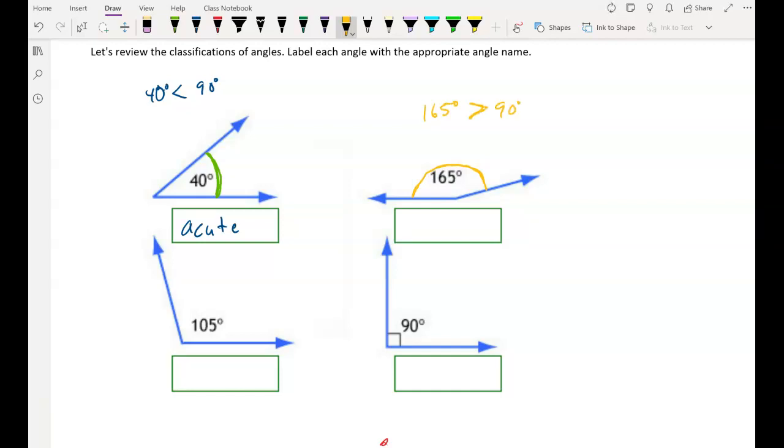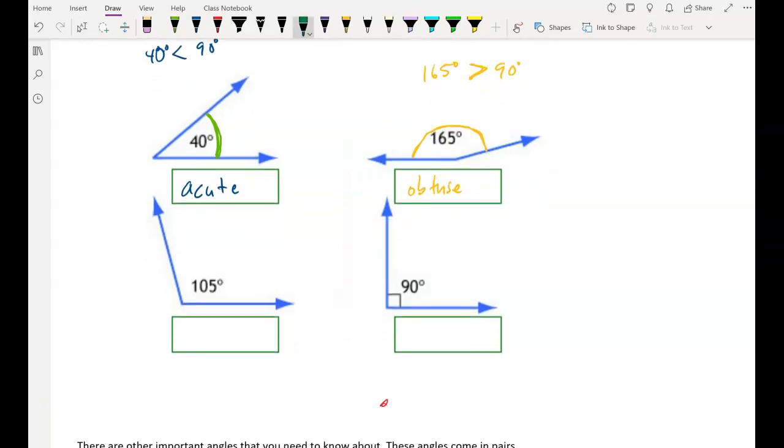And because it's greater than 90 degrees, that makes it an obtuse angle. This one down here is 105 degrees between the two rays, and 105 degrees is greater than 90 degrees, and so that is another obtuse angle.